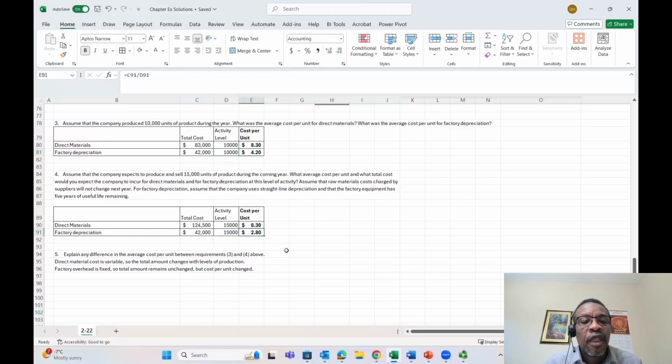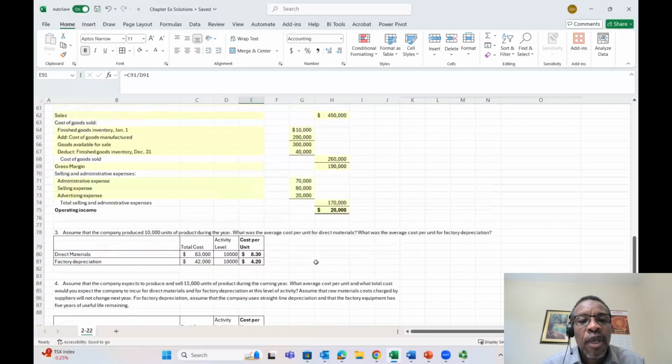Now that 15,000 units will be produced, the unit cost will fall to $2.80. So again, because the factory overhead is fixed, the total amount will not change, but the cost per unit will change. All right. I hope that explained the question to you.